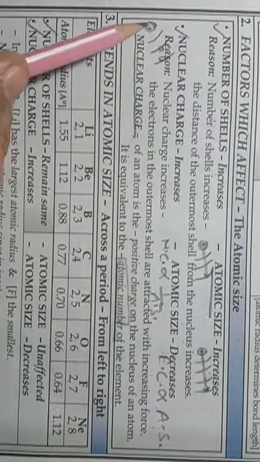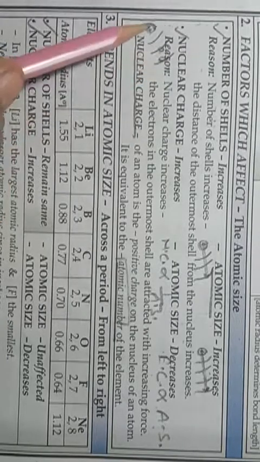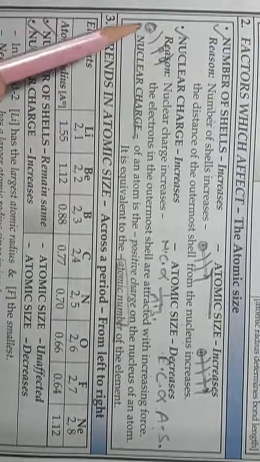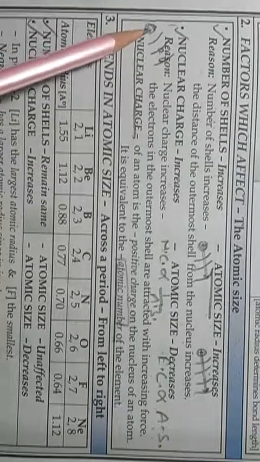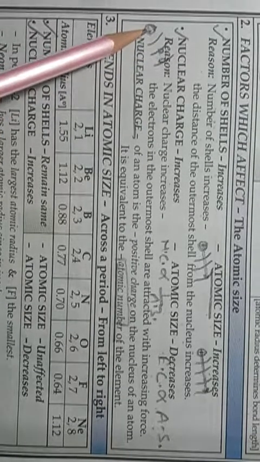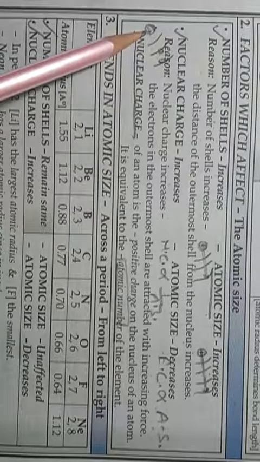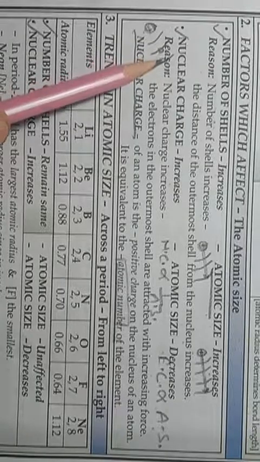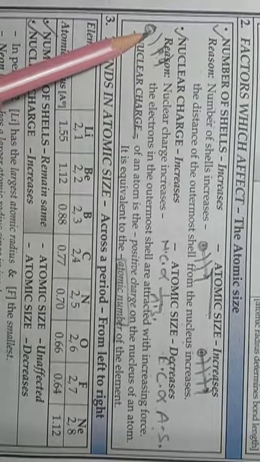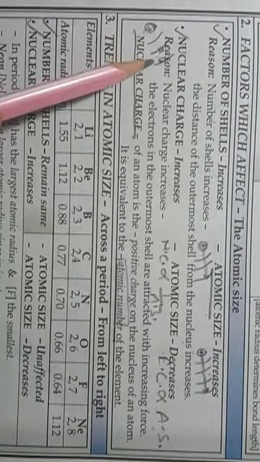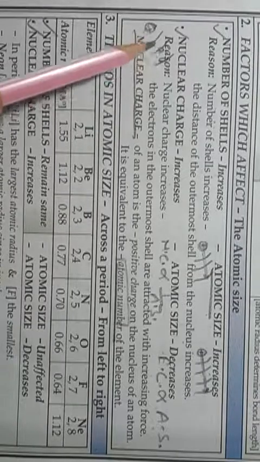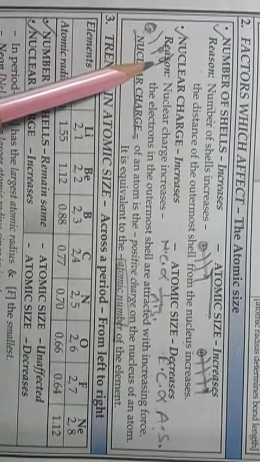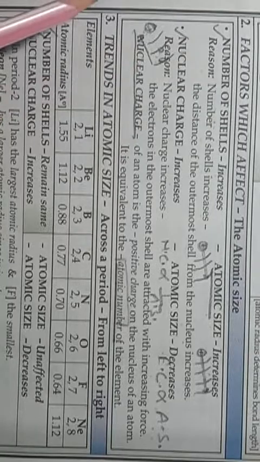Electrons attract nucleus towards itself and nucleus attracts electrons towards itself. Okay, so if nucleus is comparatively having a greater amount of charge, then it will attract electrons towards itself more tightly, and that is why atomic radius of such type of atom will be shorter.